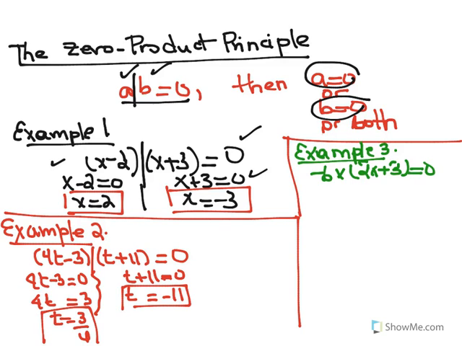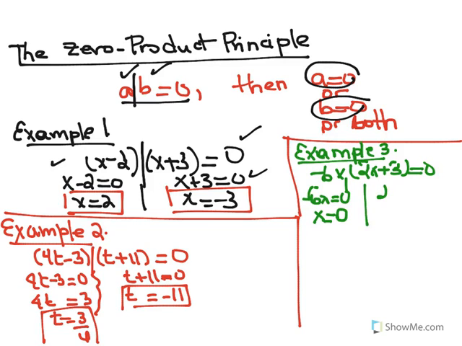So what happens if that is equal to 0? Well, I have two factors, so either this is 0, and if that is 0, I divide by negative 6 on both sides and get 0 divided by negative 6, which is 0.